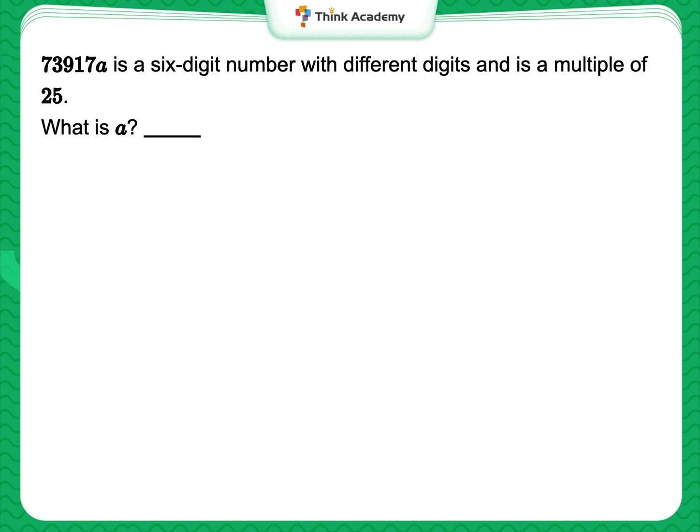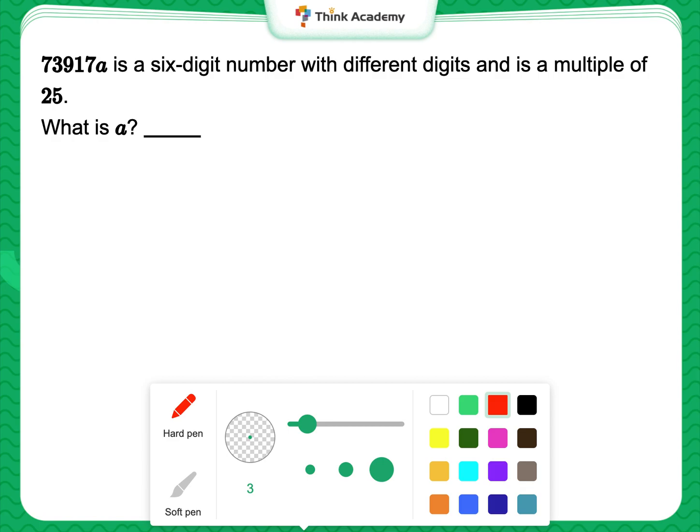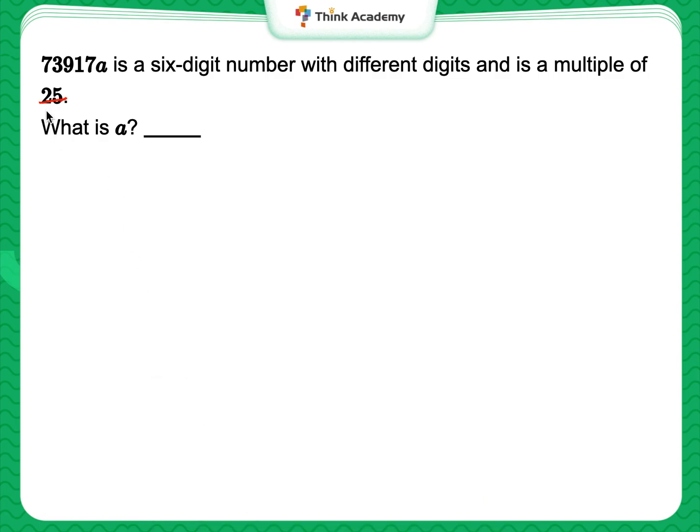All right, we don't have many questions left, I believe. It says that 73917A is a 6-digit number with different digits, and it is a multiple of 25. So this is a question related to the divisibility rules. If you think about all the multiples of 25, they must only end with 4 possibilities: 00, 25, 50, or 75.